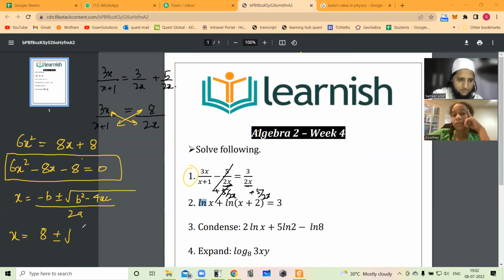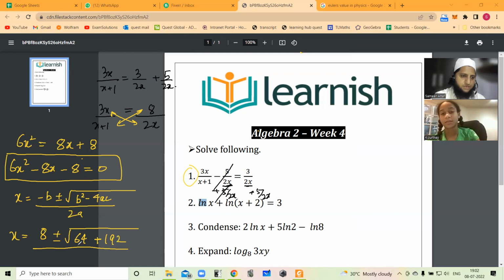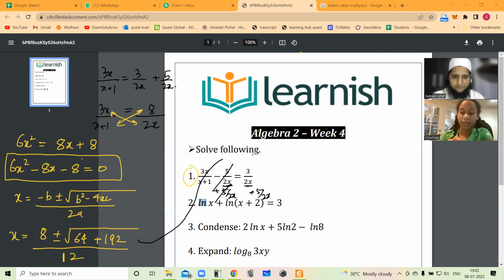Plus or minus the square root of b squared, 64, minus 4 times a times c. 4 times 6 is 24, times -8 is -192. And negative times negative, won't that be positive? Yes. Divided by 2 times a. How much is that? 12, right? Yes.